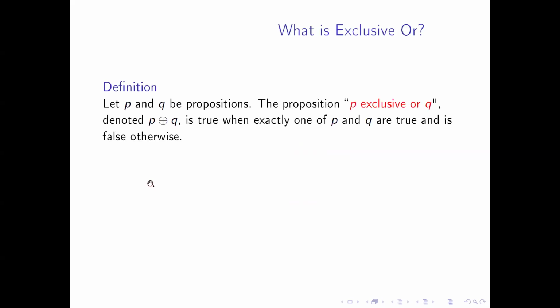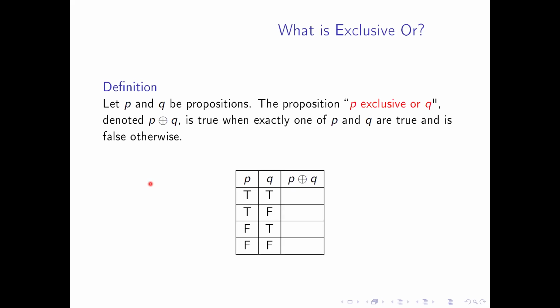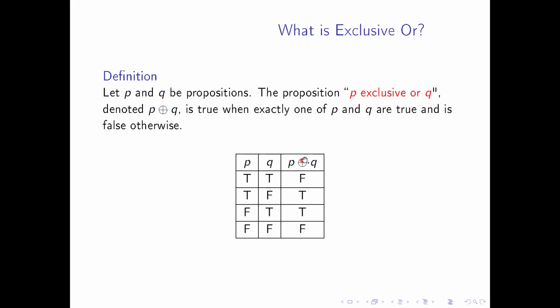Let's talk about exclusive or, because that is a situation where exactly one of them is true. It's false otherwise. So if they're both true or they're both false, you actually lose it. In this situation, we use this funky symbol that looks like a plus symbol inside of a circle, and it means exclusive or.